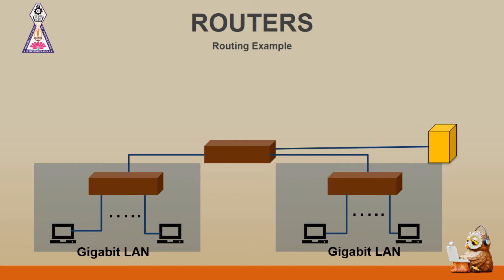In a real-time example, this is the local area network in one building and this is the local area network in another building, and these two combine to form one organizational local area network. So that is 10 gigabit Ethernet.